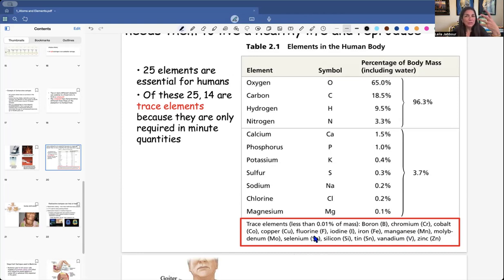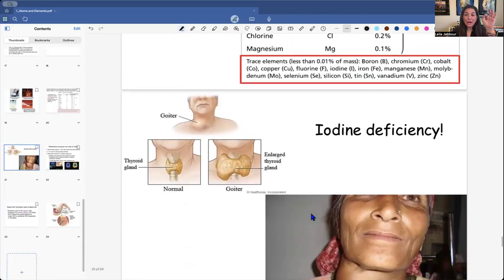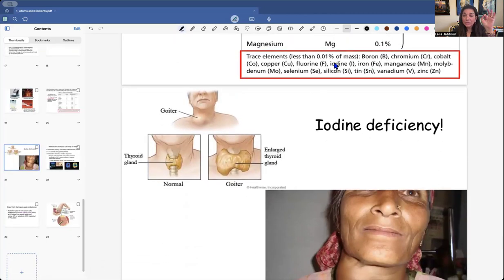All of these are important for proper physiological functioning of your human body, but in very, very, very small amounts. And this is an example of how iodine, which is right here, is part of those trace elements that we need.